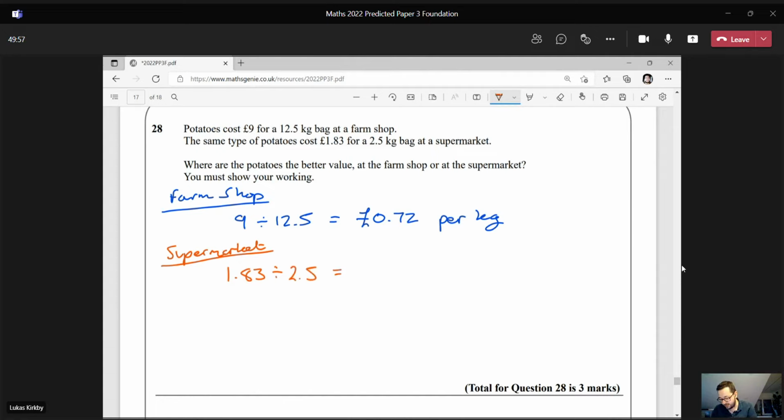So 1.83 divided by 2.5 gives me £0.73. It's 73.2, but I've rounded it to the nearest penny, per kilogram. So it's actually better value at the farm shop by 1p a kilogram.